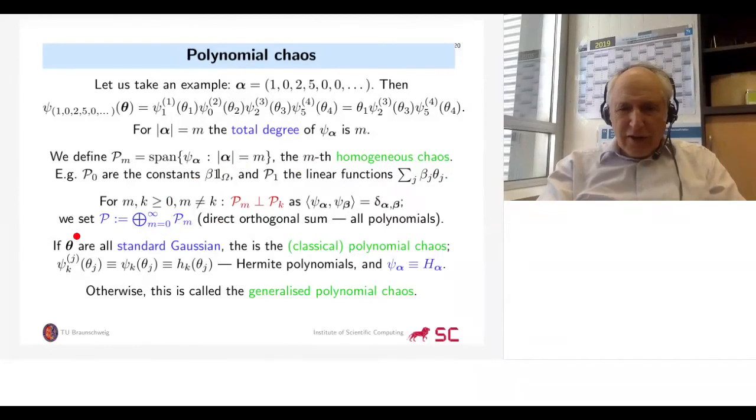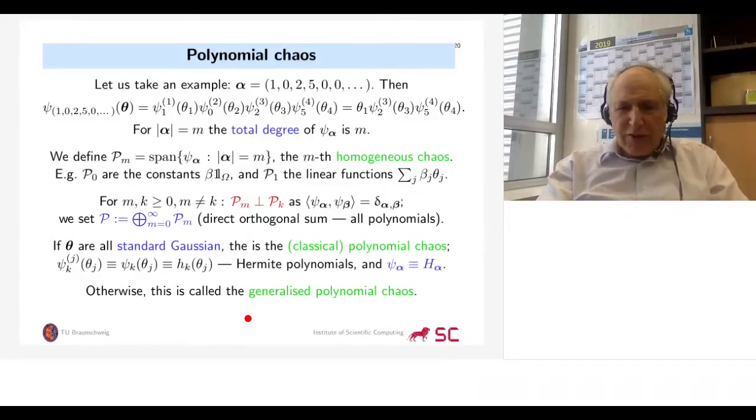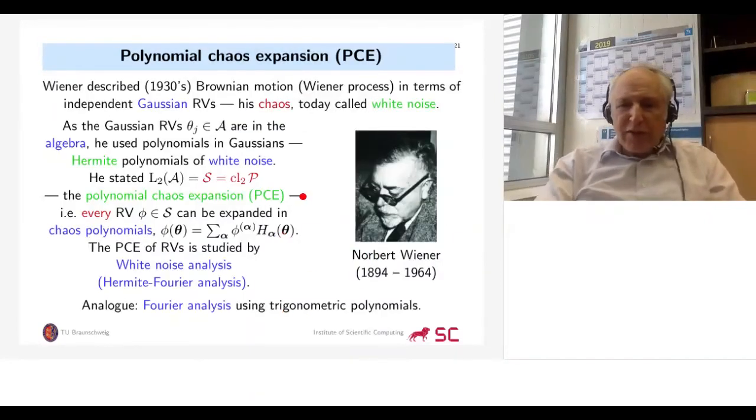Okay. And if we choose all these thetas to be standard Gaussian, this is called the classical polynomial chaos, or just polynomial chaos. If the independent random variables are not Gaussian, and then we don't have Hermite polynomials, then it's called the generalized polynomial chaos. Okay? Good. The first time this was used was by Norbert Wiener in the 1930s.